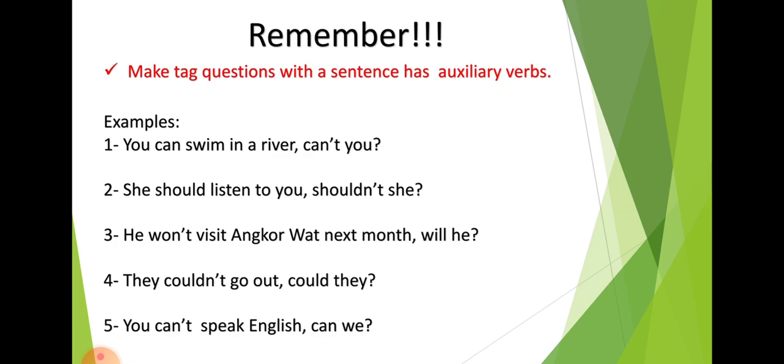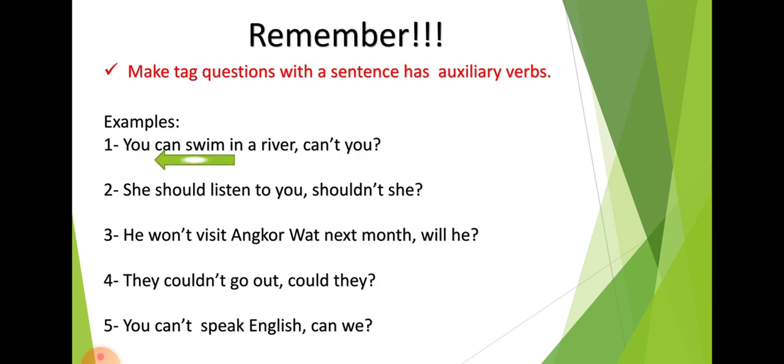Another point. Make tag questions with a sentence that has auxiliary verbs. Here we have 5 more sentences, and each sentence has auxiliary verbs. Sentence number 1. You can swim in a river, can't you?